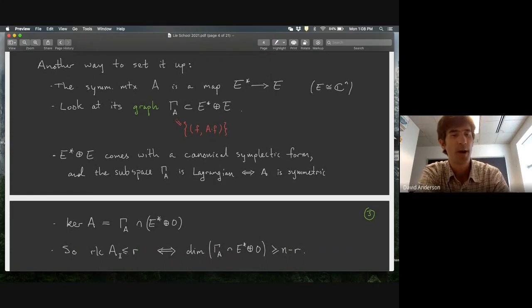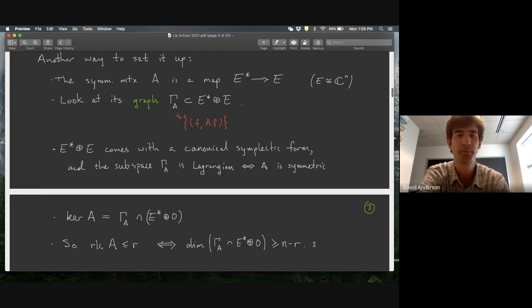Of course, the rank of a matrix is at most r if and only if its kernel has dimension at least n minus r. And now we've got a nice characterization of the kernel as the intersection of two Lagrangian subspaces. So the original problem, which is a problem about quadratic forms, turned into a problem about intersecting two Lagrangian subspaces of some space that comes with a symplectic form.